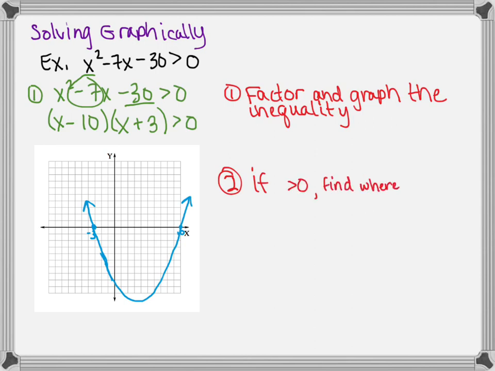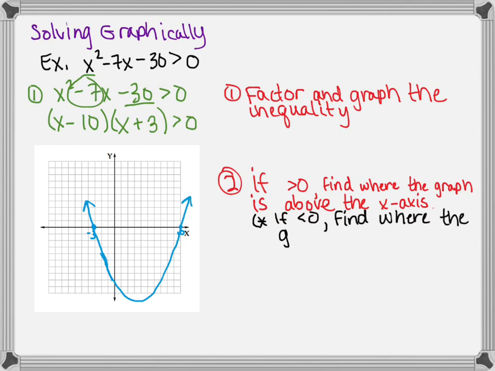So then, if our inequality was greater than 0, like ours was, we want to find where this graph is above the x-axis. And if the inequality were less than 0, we would want to find where the graph is below the x-axis. But for ours, it's above the x-axis where I just shaded it more heavily.